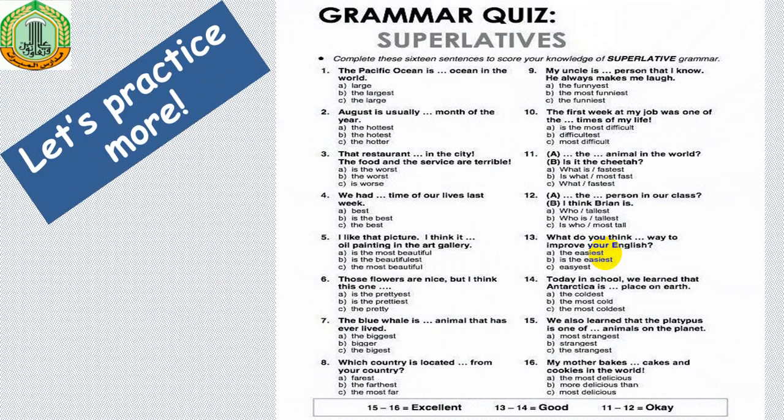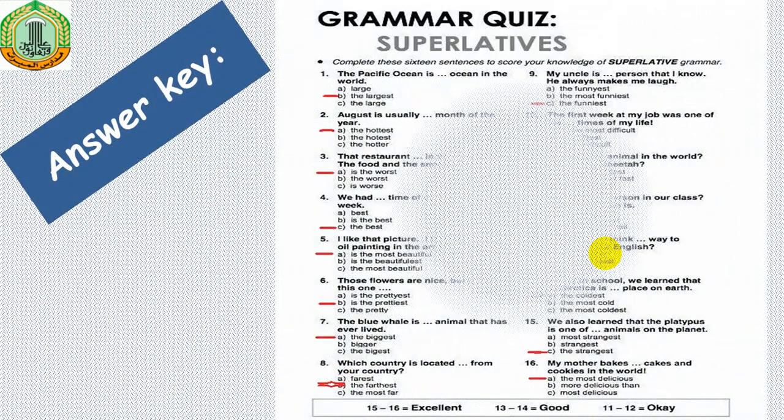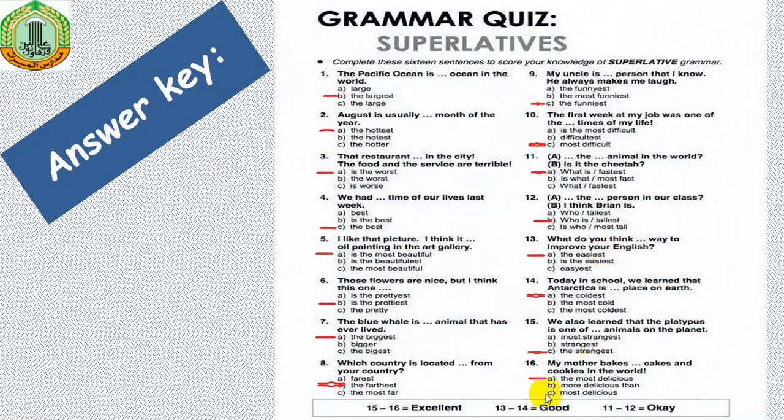Again, pause the video to apply this sheet, and when you're done, check the answer key. Evaluate yourself. If you got 11 to 12 correct answers, that will be okay. If you got 13 to 14 correct answers, that would be good. If you got 15 to 16, that's awesome and excellent.